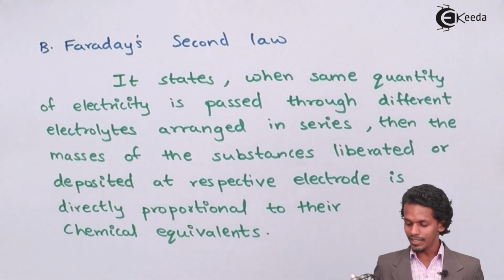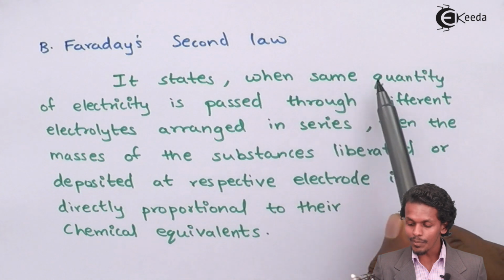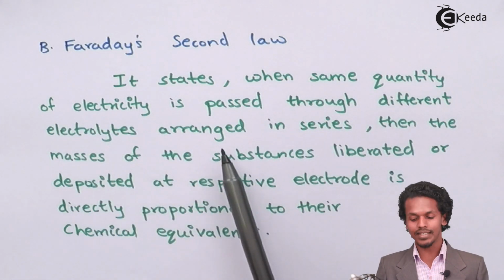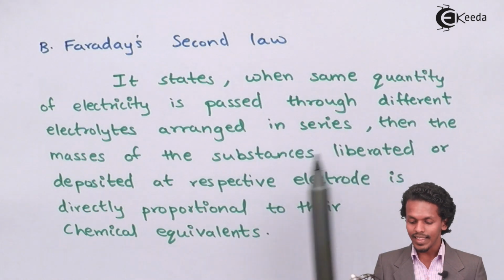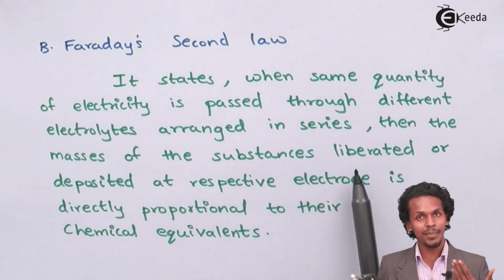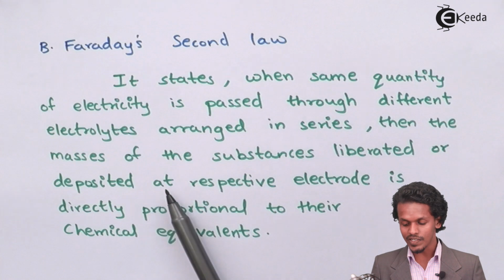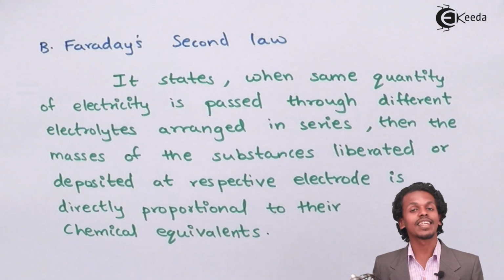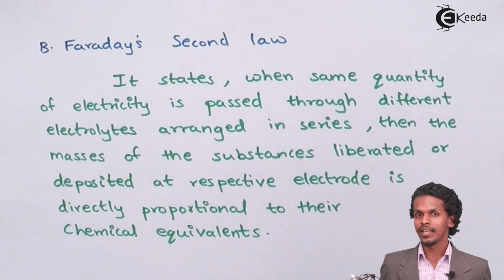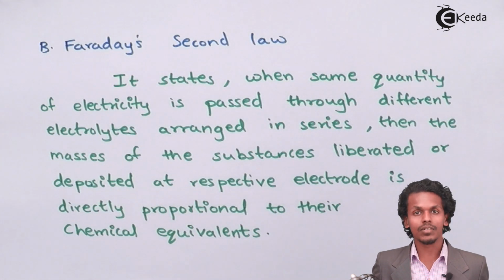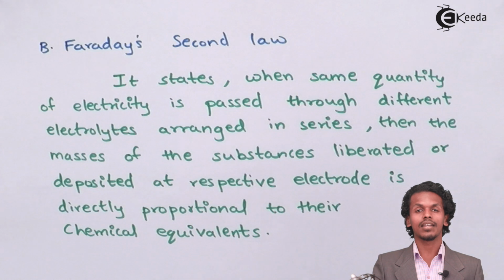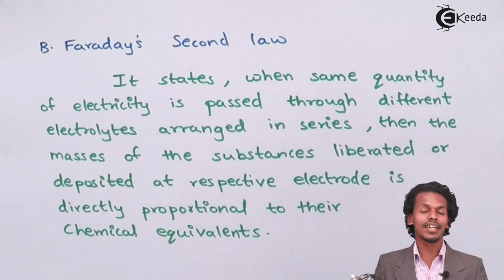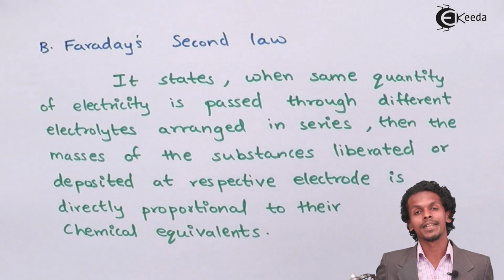The second law states that when the same quantity of electricity is passed through different electrolytes arranged in series, then the masses of the substances that are liberated or deposited at the respective electrodes are directly proportional to their chemical equivalents. Let me give you an example to make you understand how the second law is stated by Faraday.